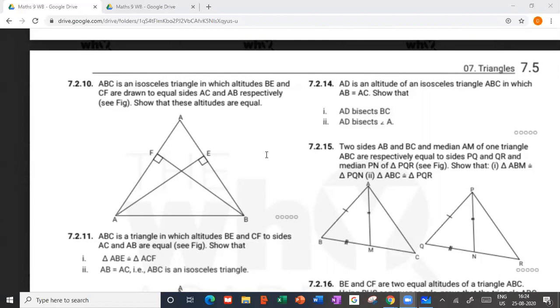Anybody solving the 10th question? Isosceles triangle with altitudes. So they want you to show that altitudes are equal. What is an altitude?